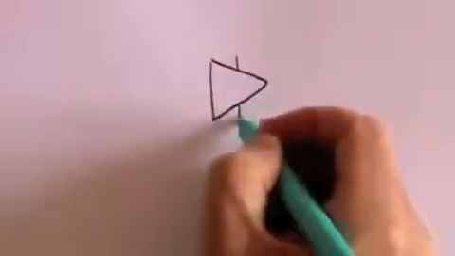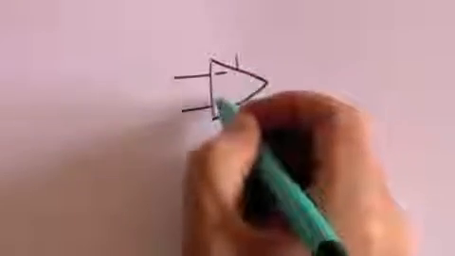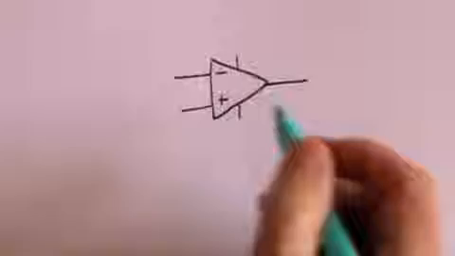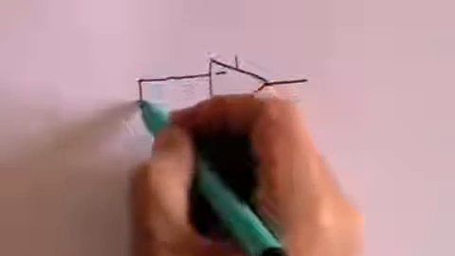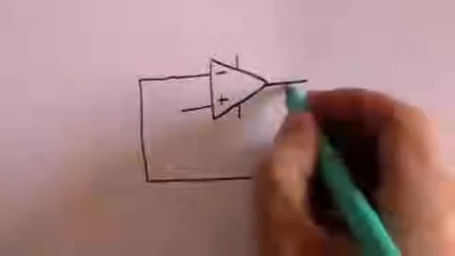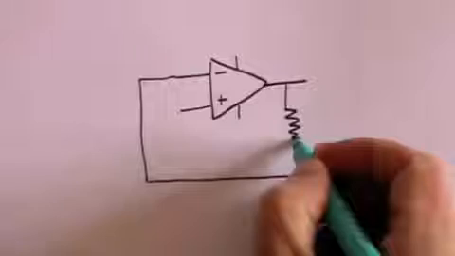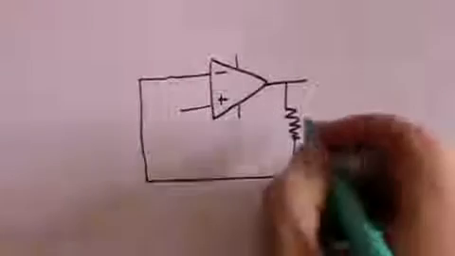This is now the non-inverting amplifier. Once again, we take the operational amplifier, which will of course have its power supply, which we won't bother with. We have the minus and plus terminals. We've got the output. And here, we have a resistance and we have another resistance.